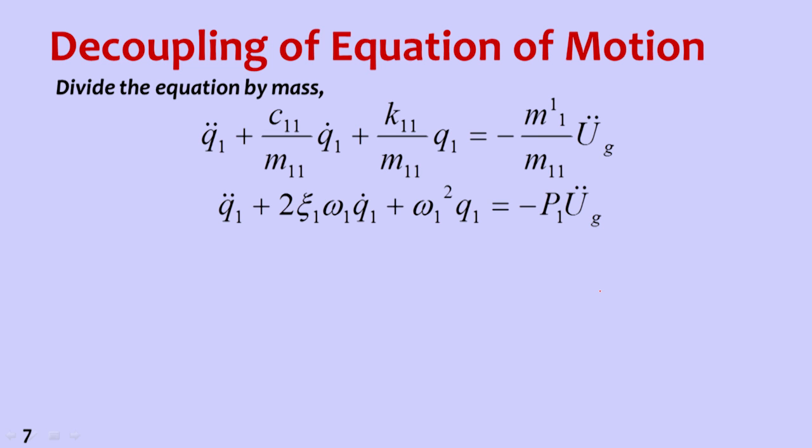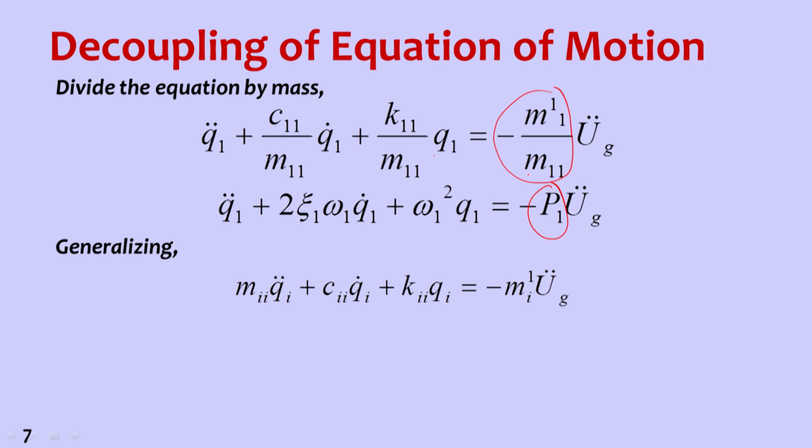If we divide by mass we get q1 double dot plus c11 by m11 q1 dot plus k11 by m11 into q1 is equal to minus phi1 transpose m 1, this is the modal mass, divided by m11, into ug double dot. This factor is the modal participation factor.